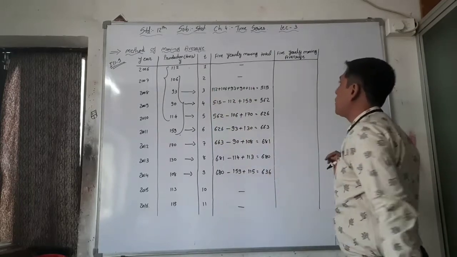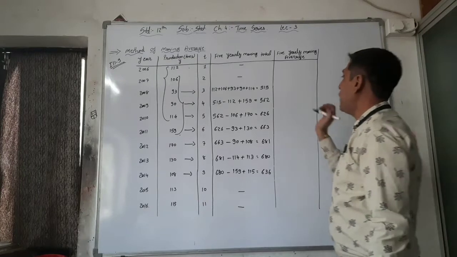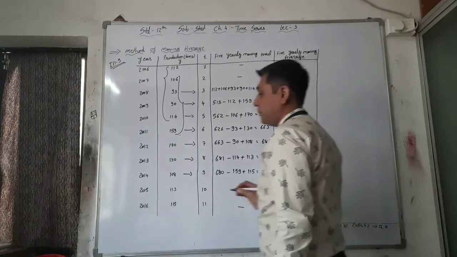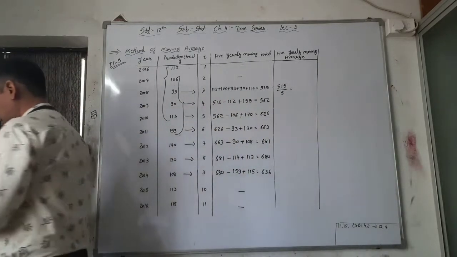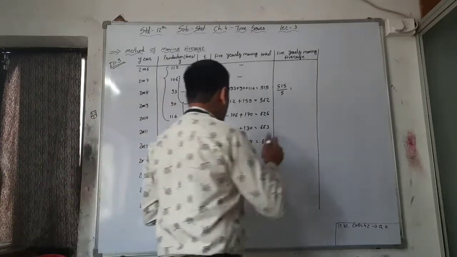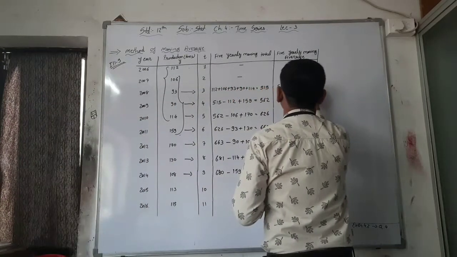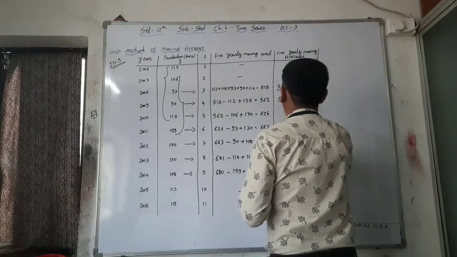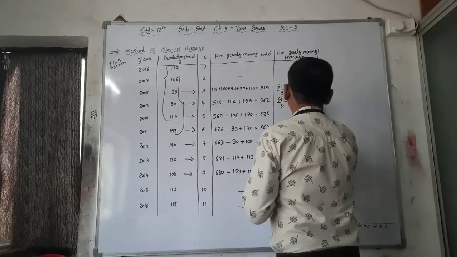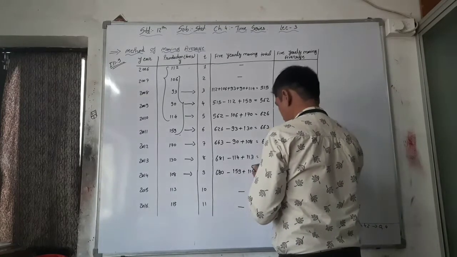and we have to find out now the 5 year moving average. It is so simple. Now 515 divided by 5 is your answer. See, 515 divided by 5, it is 103. Now 562 divided by 5, 112.4.